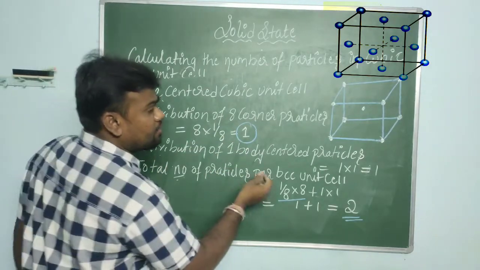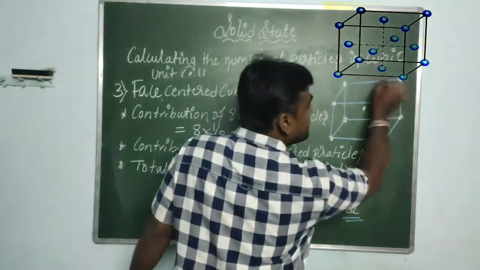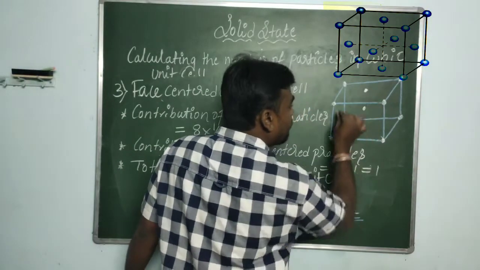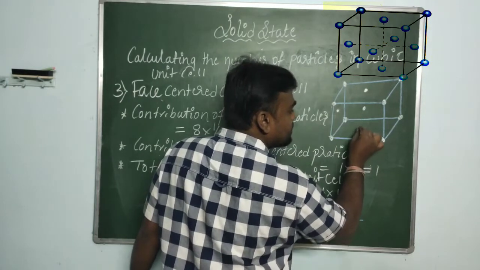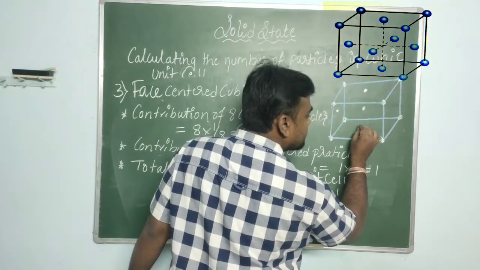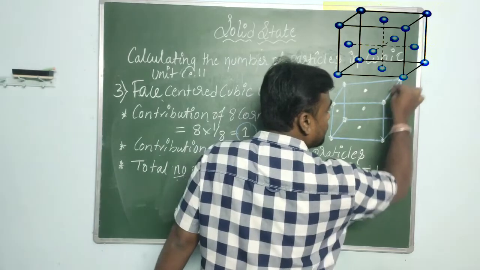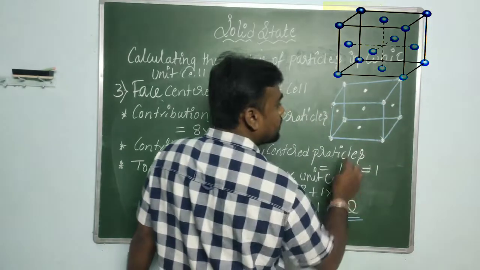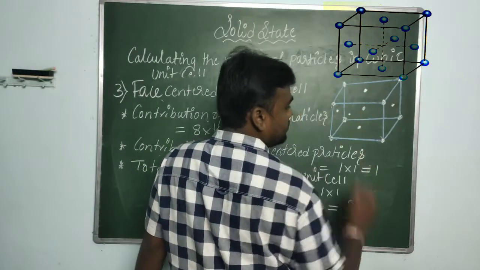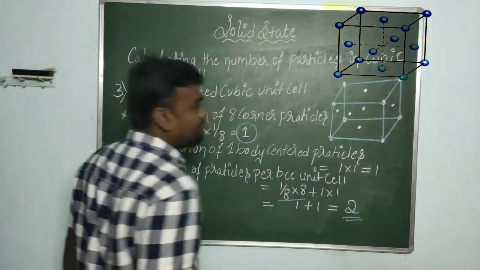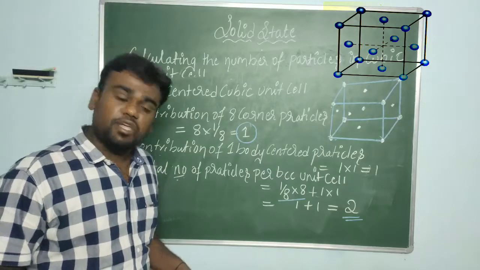Then for this plane it is a face, for this plane there will be a face, and so on. In total, we have 6 faces in a cube.